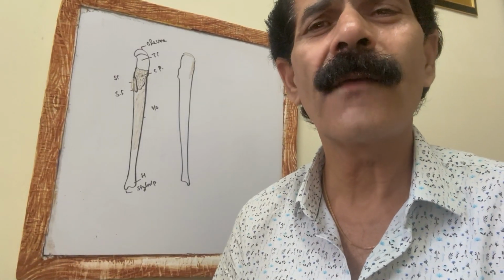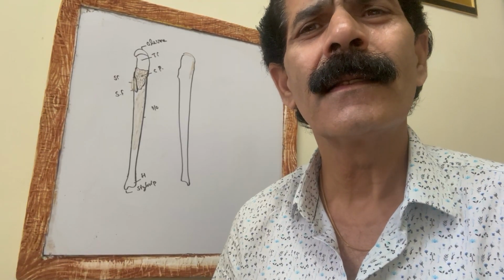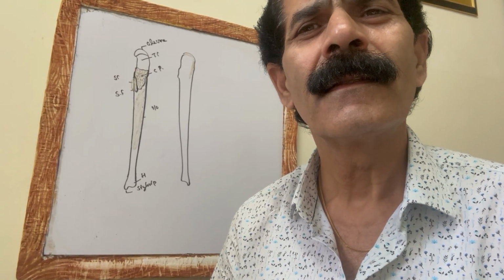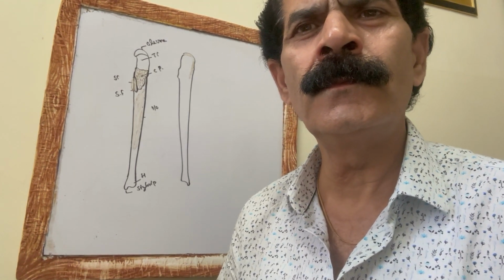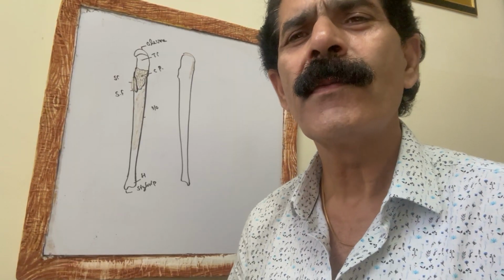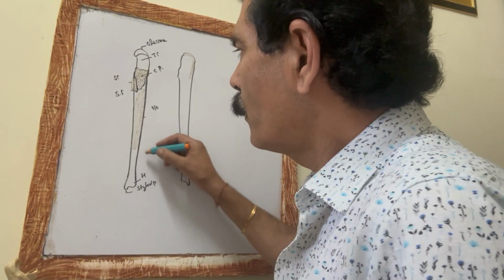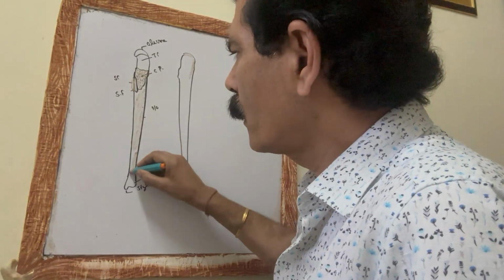This has to be remembered: the medial half is supplied by the ulnar nerve and the lateral half is supplied by the median nerve.